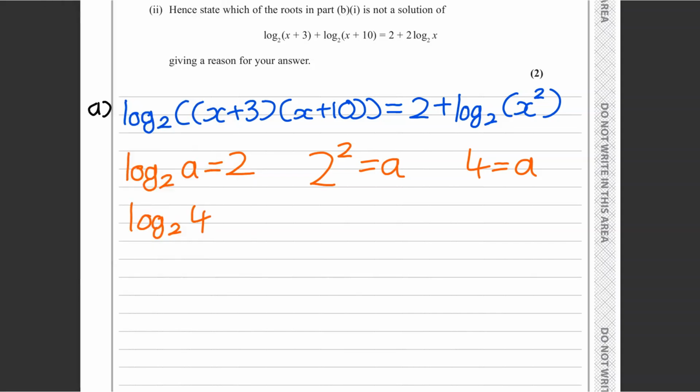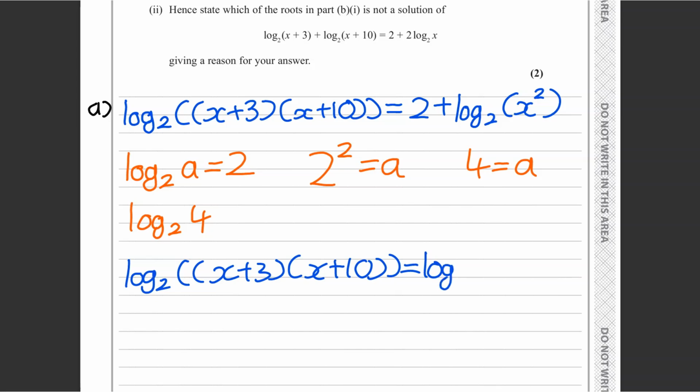So therefore, if we rewrite this equation up here, it's log base 2 of x plus 3, x plus 10 is equal to log base 2 of 4 plus log base 2 of x squared.